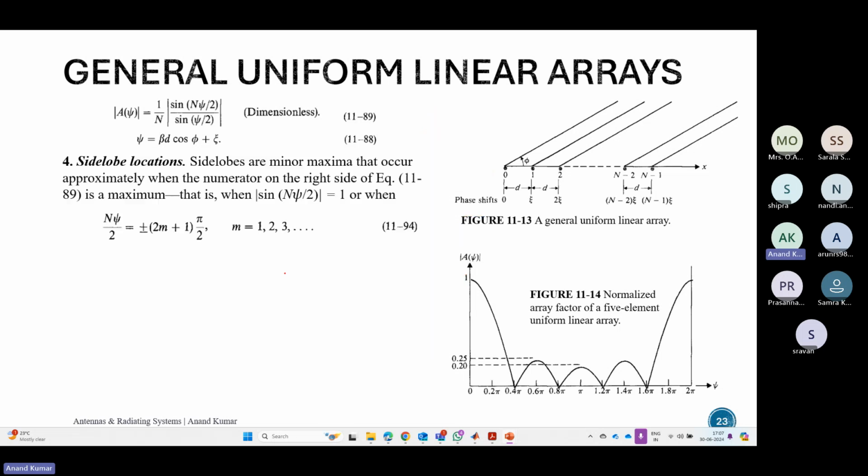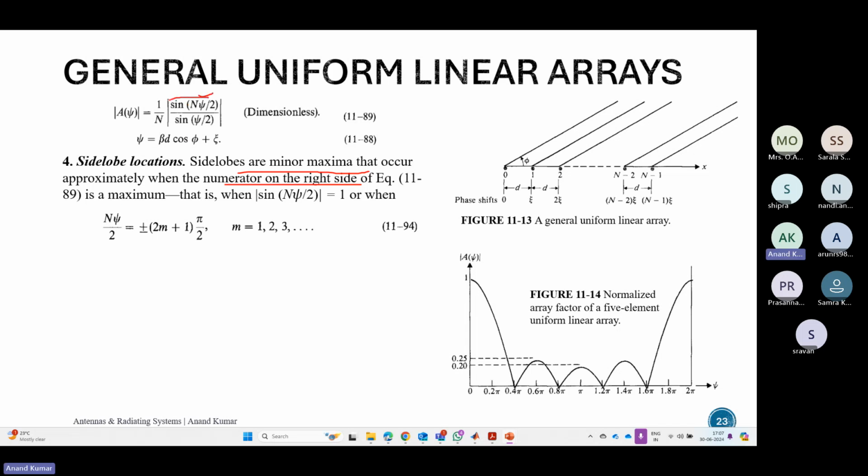To find out the side lobe locations: side lobes are the minor maxima that occur approximately when the numerator is maximum.